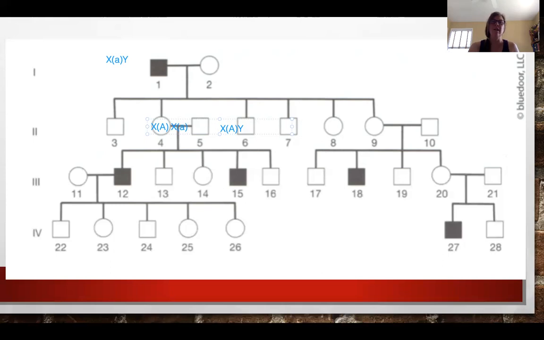Again, I would practice writing this out. If you don't want to make multiple copies, just do it in pencil so you can go in and fix the ones that are wrong. So I would fill it out, check with the answer key, and then try to figure out why you got that wrong. I did 2 of the 3 pedigrees, so you should be able to figure out the next one.